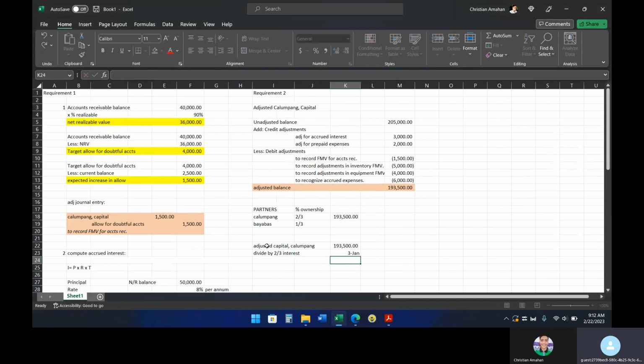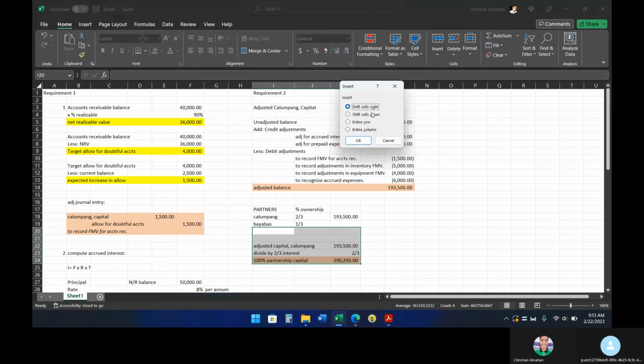So, the 100% partnership capital is 193,500 divided by 2/3. This means that the total capital supposedly of the partnership business is 290,250 pesos.